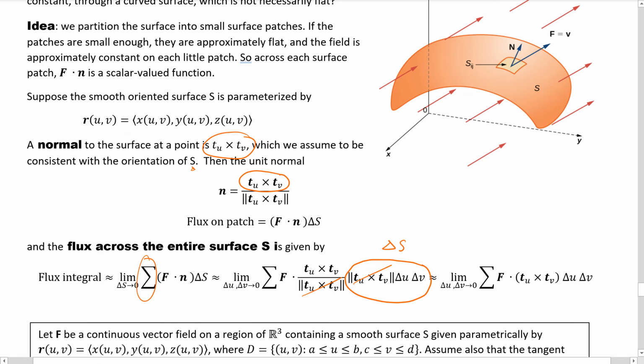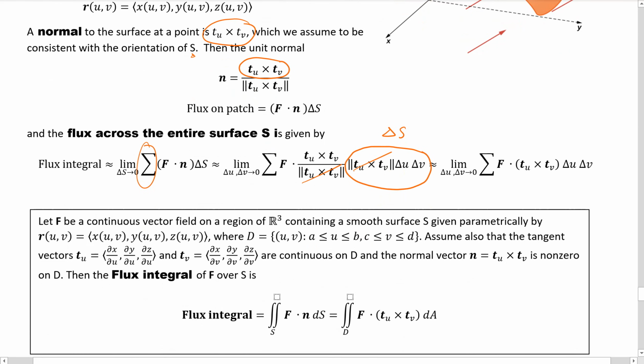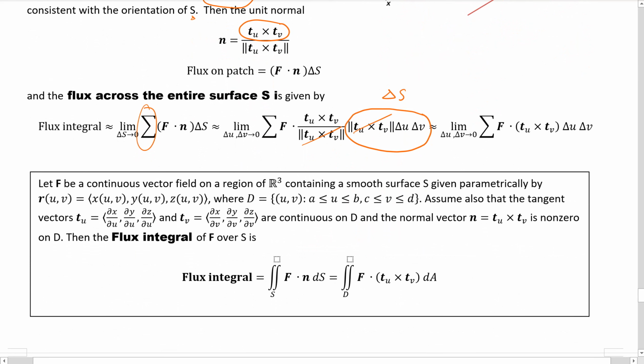Okay. So let F be a continuous vector field on a region containing a smooth surface S, given parametrically by r of u, v, where D is the region in the uv plane.